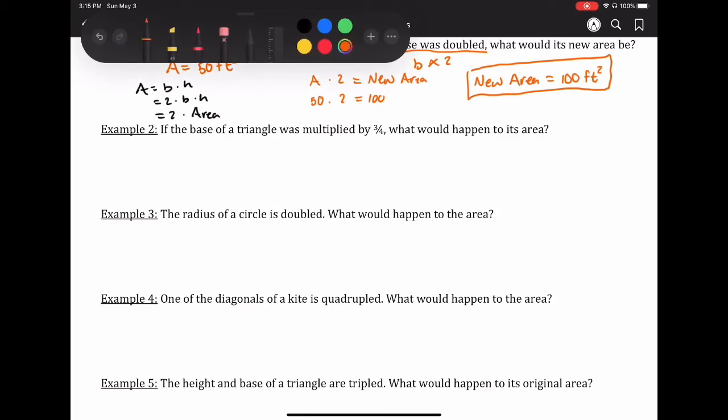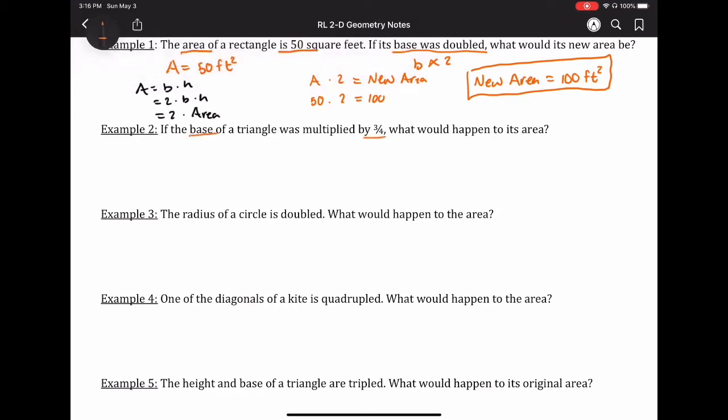Example 2 says if the base of a triangle was multiplied by 3/4, what would happen to its area? Okay, so we have that same thing again where we're just changing one side. Because we are just changing one side, what's happening here is we can take that change, which was the base by 3/4, and we do that same thing to the area.